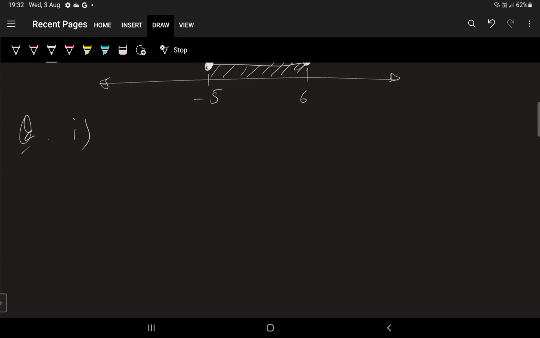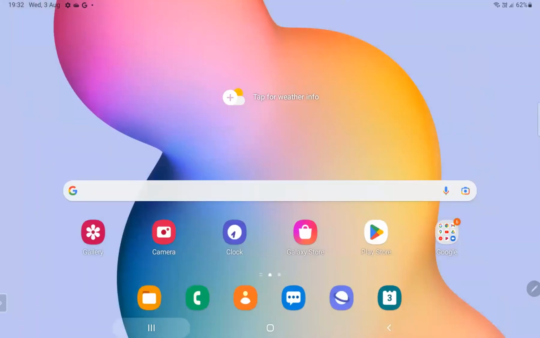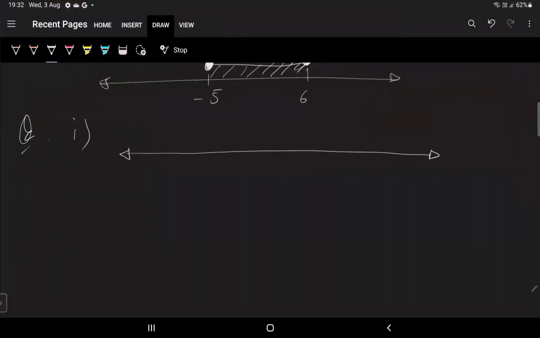I'll draw the real axis and understand this thing. Is this correct? Okay, write this in interval form. Okay, wait.